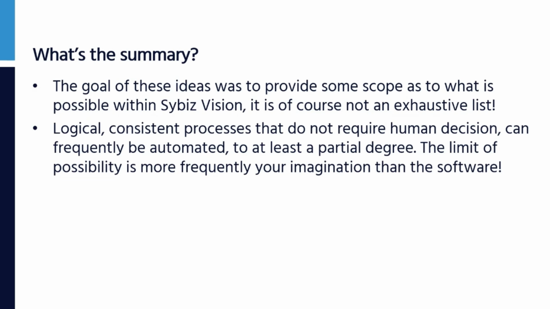The key here is that logical, consistent processes that do not require a lot of human decisions can very frequently be automated at least a little. Again, like I gave with my invoice example, you don't necessarily have to automate the whole kit and caboodle. Sometimes automating just a portion can still add a ton of value to your day.